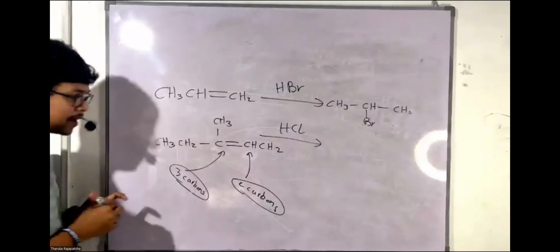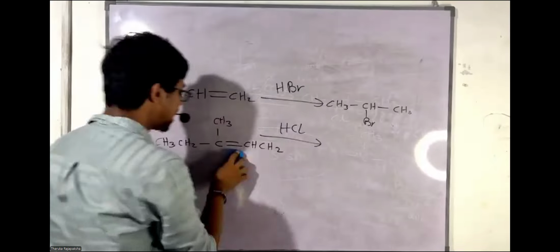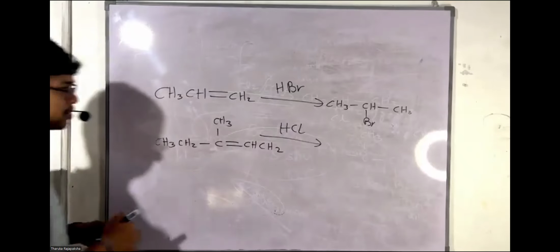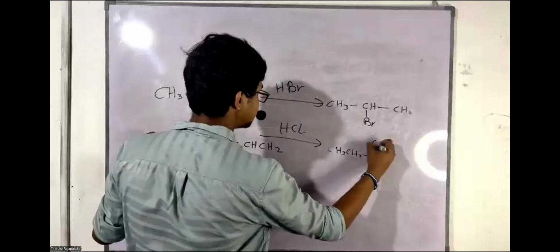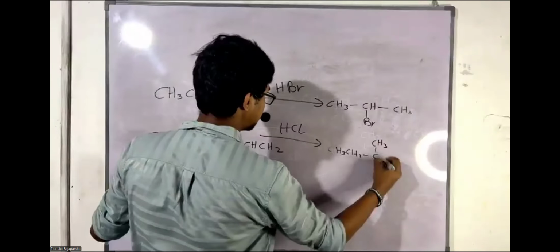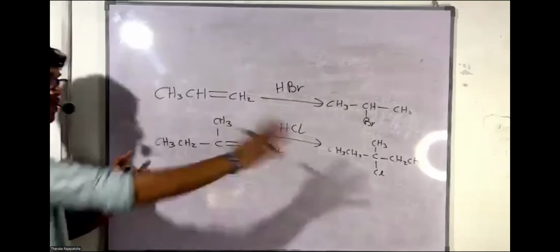So now the product will be the chlorine attached to the inner carbon: CH3, CH2, CH3, chlorine, CH2, CH3. That's the product.